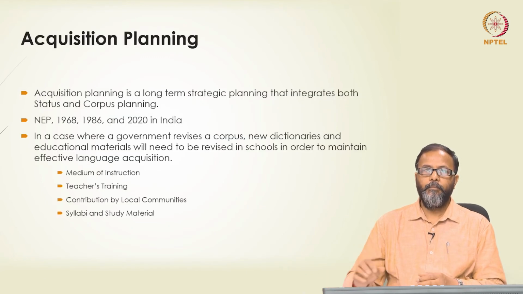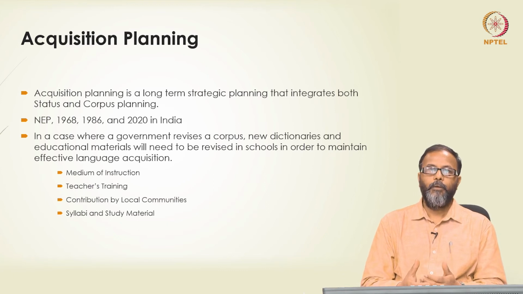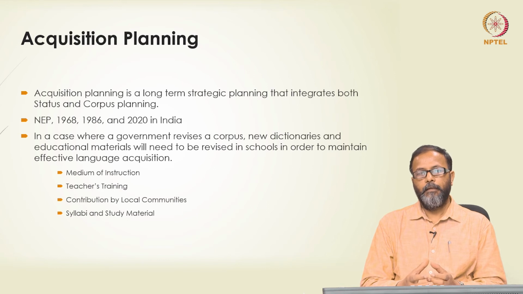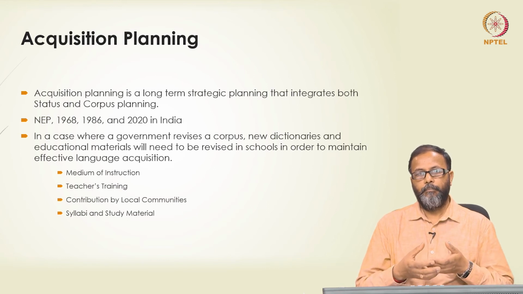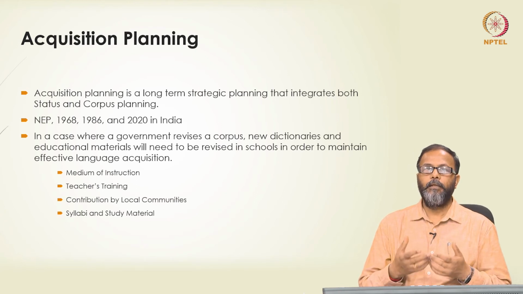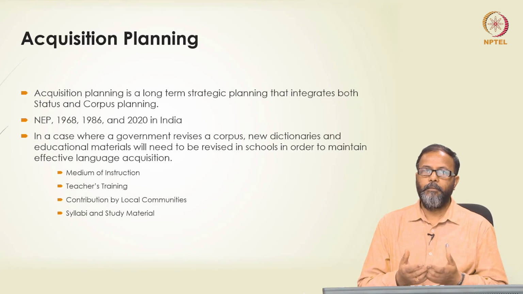Then we move to the third type of planning, which is a long-term planning called acquisition planning. And acquisition planning presupposes or implies a status planning and corpus planning. It's a long-term planning and long-term implementation.